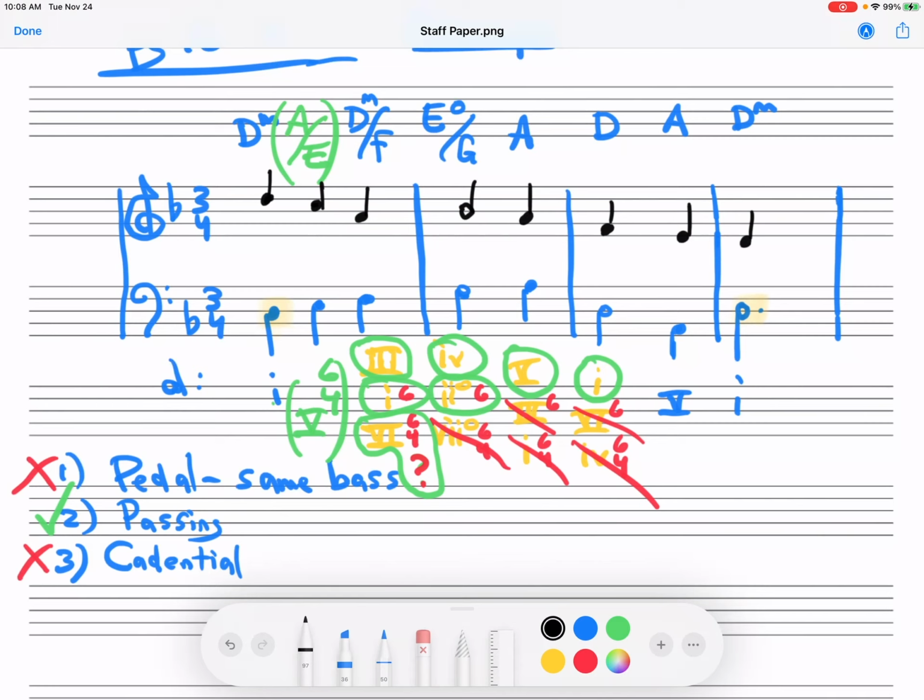I'm sort of okay with what I have so far, and I have also checked to make sure that I don't have any bad parallels. The only parallel motion I wrote that I see is here. I have to check. That is a parallel third, as I mentioned, from F to A, which is okay.